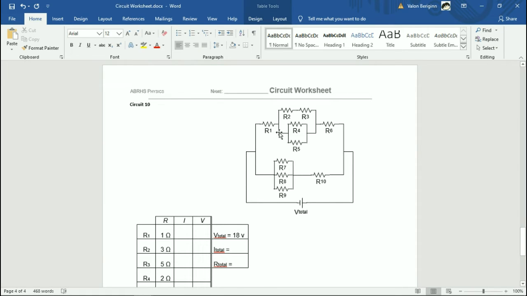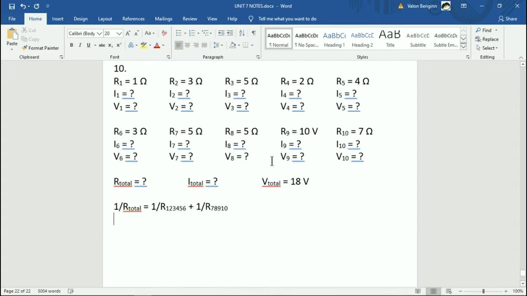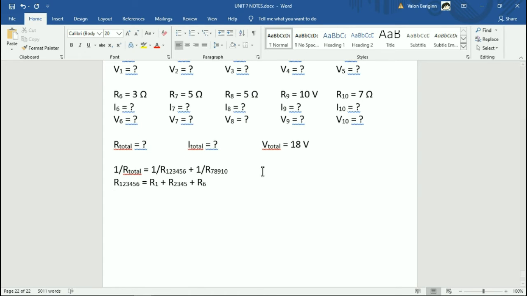Let's look at the top one first. So, what do we have in series? We have R1 and R6. Those are in series, and then these together. If we were to work these all together, they're in series. So in other words, R 1, 2, 3, 4, 5, 6 equals R1 plus R 2, 3, 4, 5 plus R6.